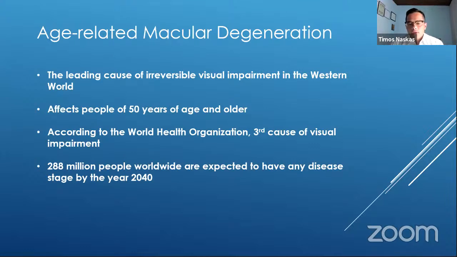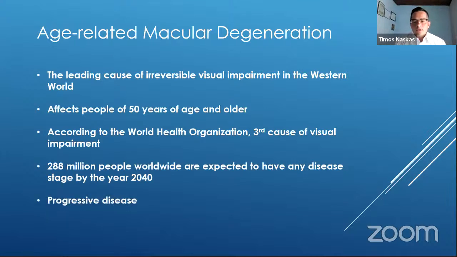By 2040, this number is expected to rise to 288 million people. And the trend is also expected to change, so Asian populations will take over, at least that's what the estimate says. Personally, I haven't come across a paper which would confirm or suggest a new number for the projections that were made at the time for the year 2020.